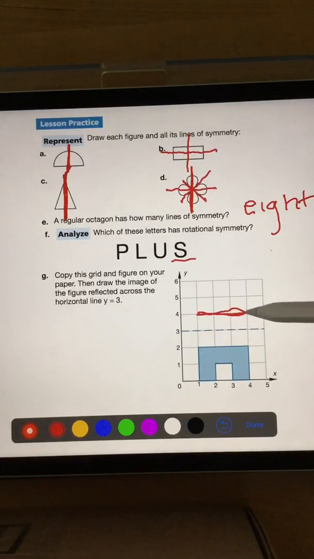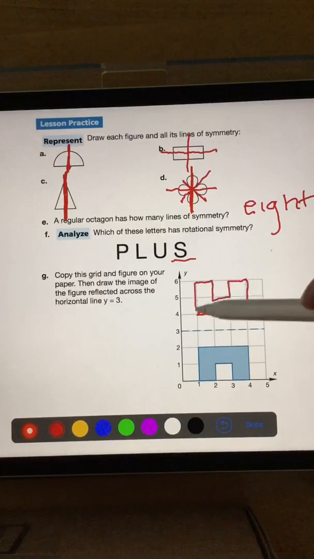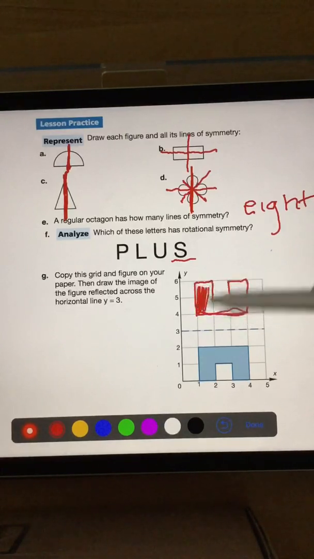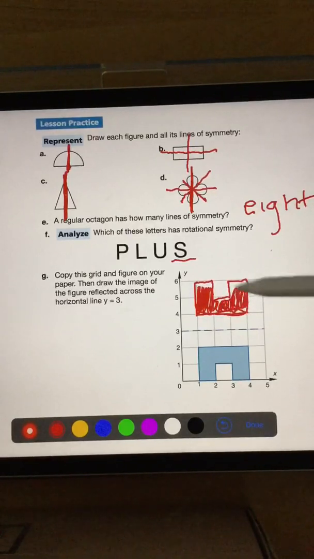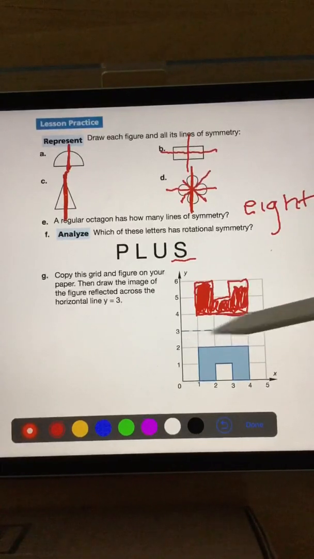And it's going to go up 2 blocks, just like the other one. Over 1, down, down, and there we go. And if I color it in, there we go. This figure is reflected across the Y3 line.